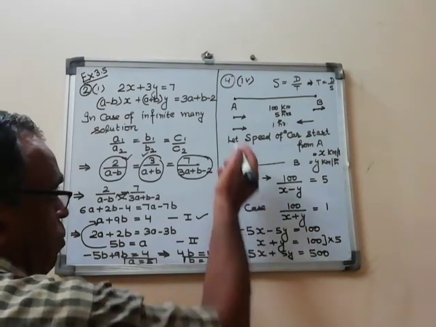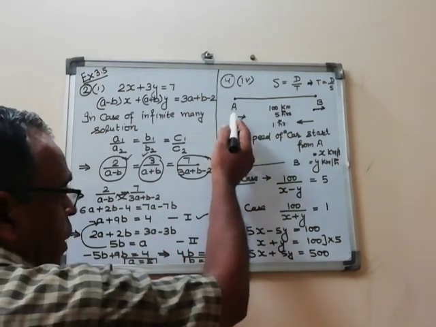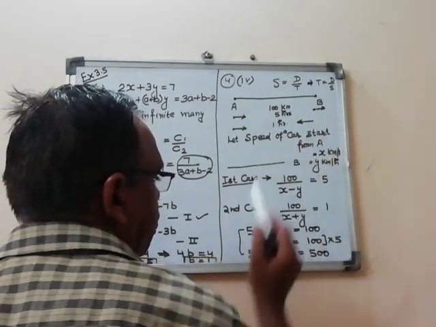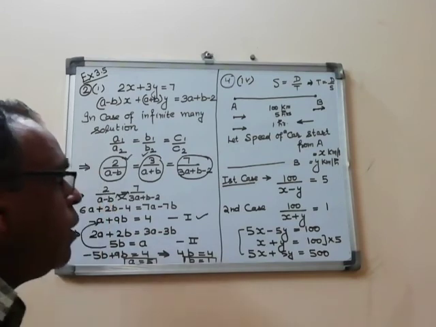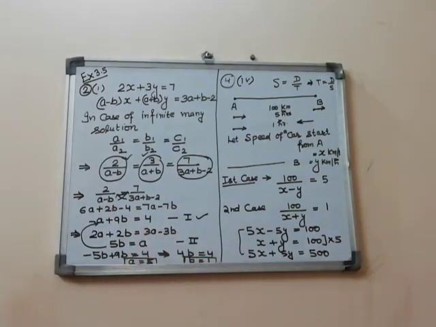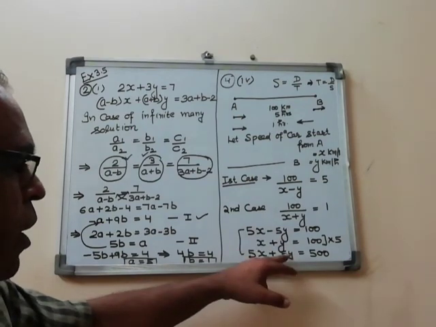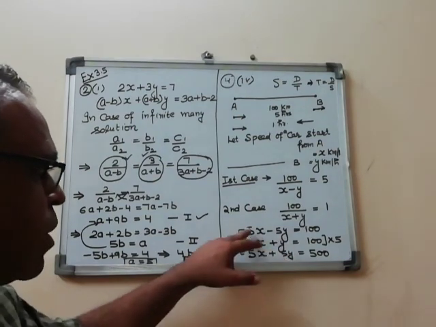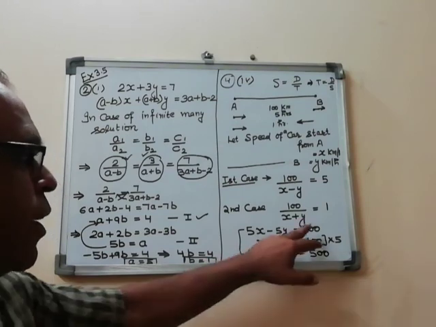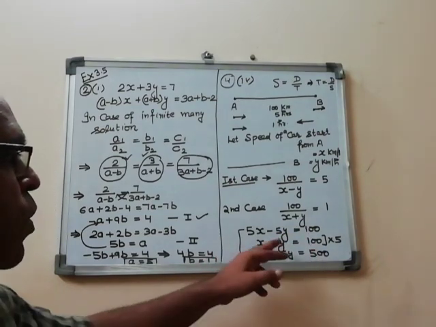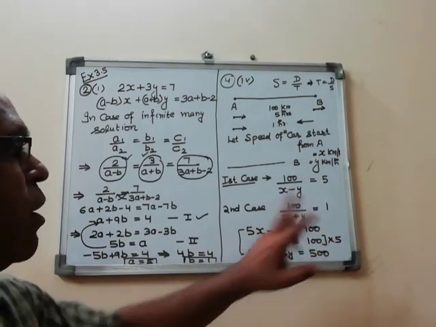X is the speed of the car starting from A, and y is the speed of the car starting from B. Minus 5y and plus 5y cancel. 5 plus 5, 10x, equal to 600. x will be 60. If you put 60 here, y will be 40.